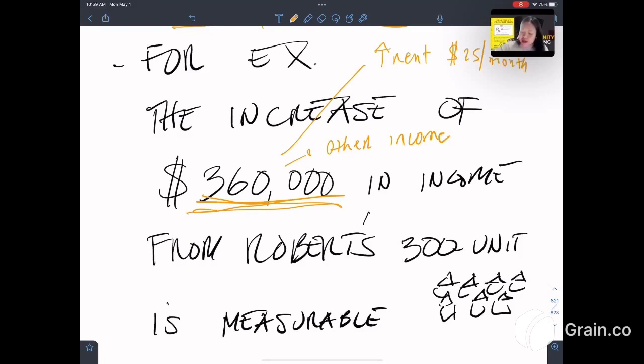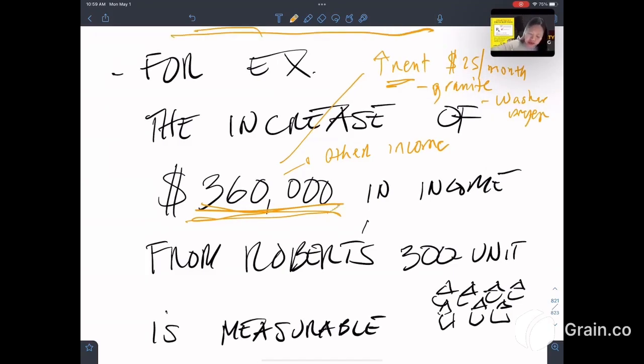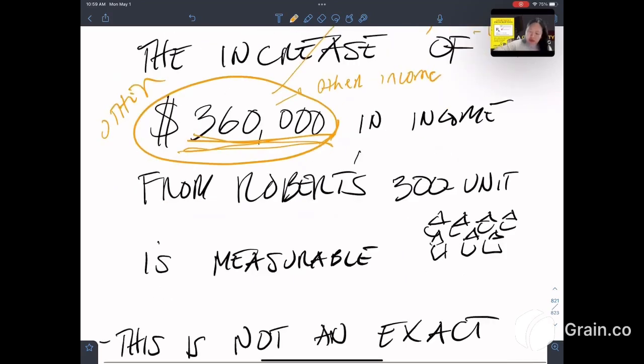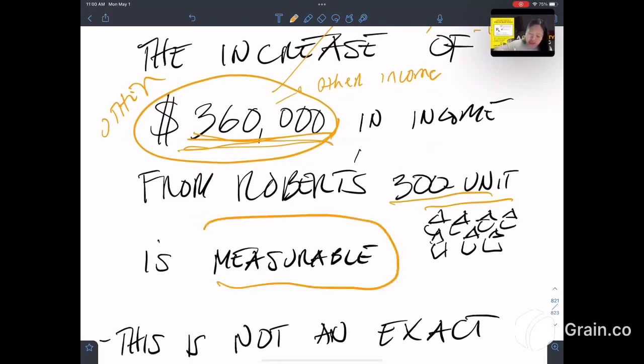Because you changed it to a granite countertop, or you added a washer and dryer. So that's why you were able to increase the rent. Just by increasing the rent, and this is not including the other income, you were able to get 360,000 of other income from Robert's 300 apartment units, which is measurable.